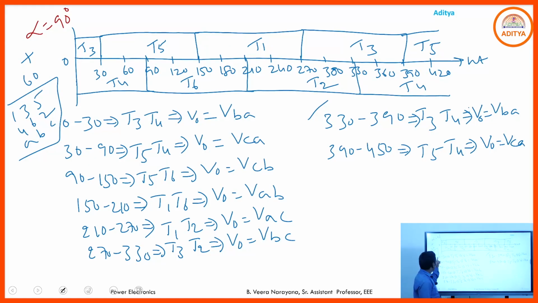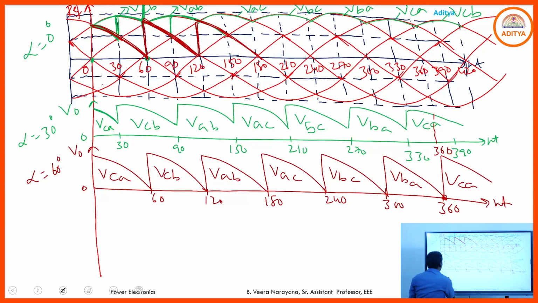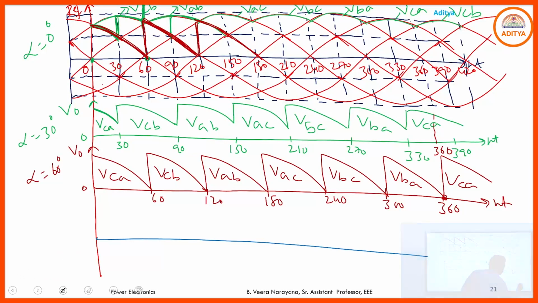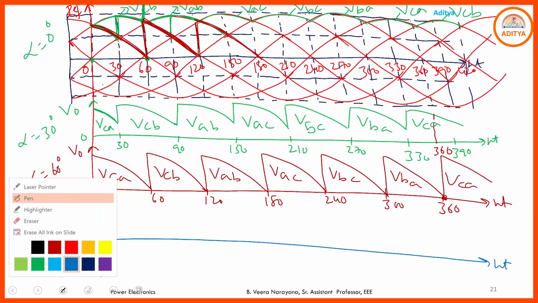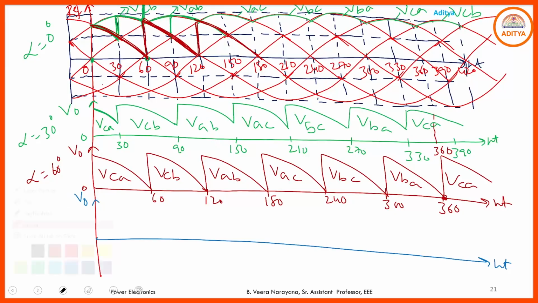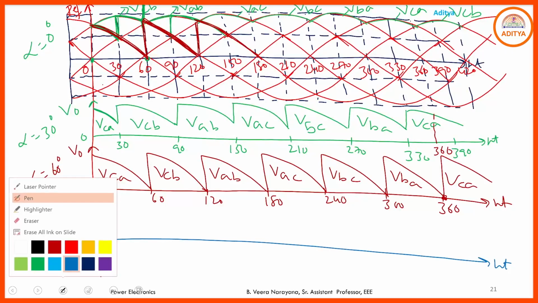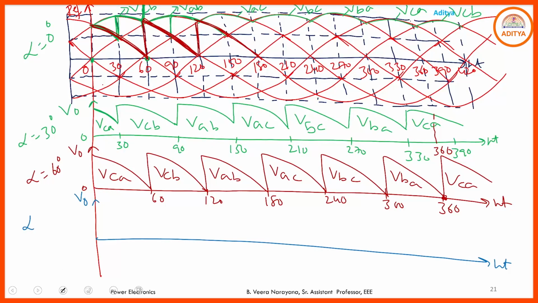0 to 30. What is the output voltage? Actually VBA. We go through the VBA waveform. Here I just want to draw the output voltage V0 for alpha equal to 90 degrees.